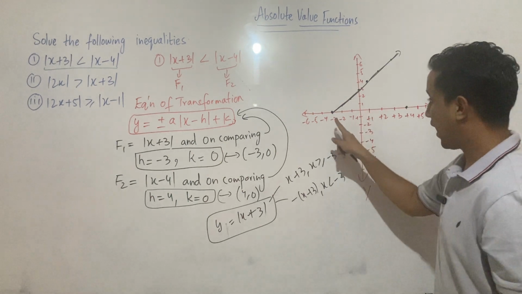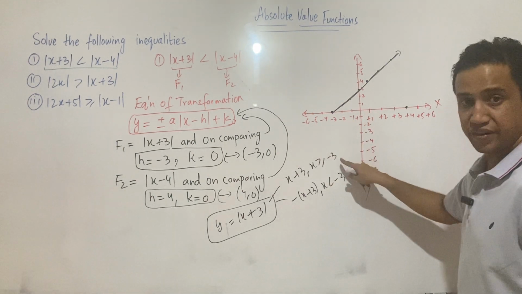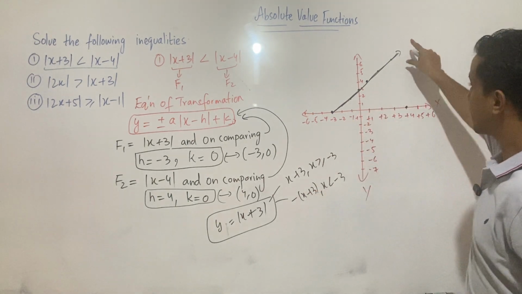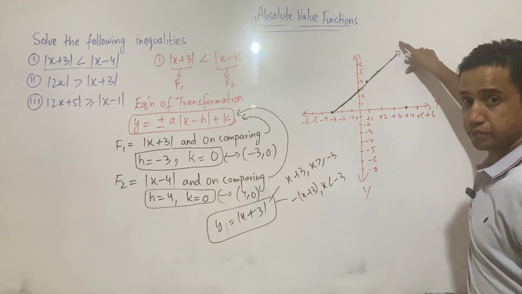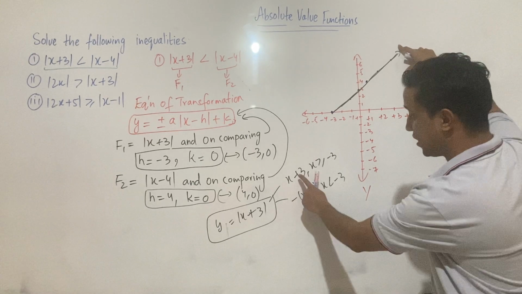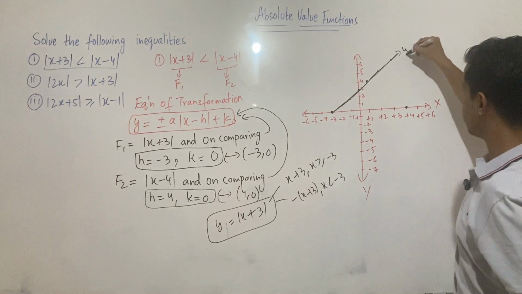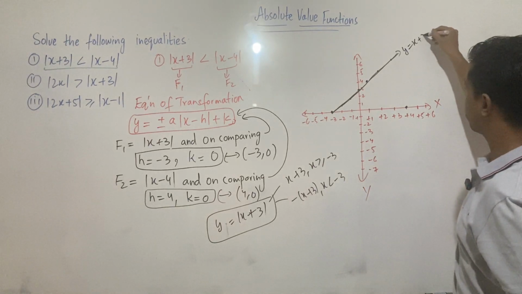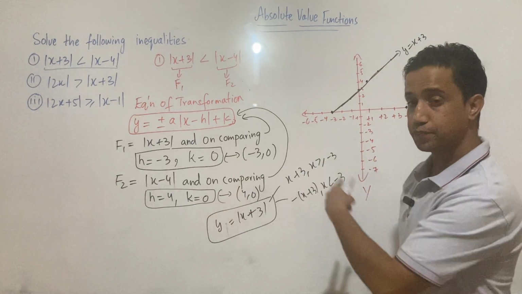Now, if you look at values of x greater than -3, it means the equation of the line here is going to be x plus 3. So y equals x plus 3, right? I hope you understand this.